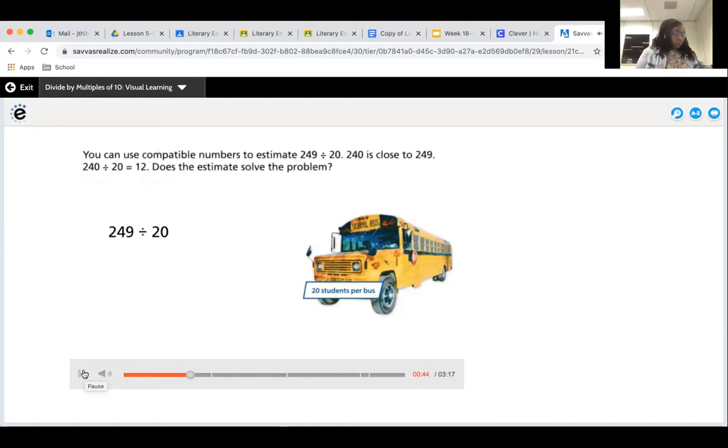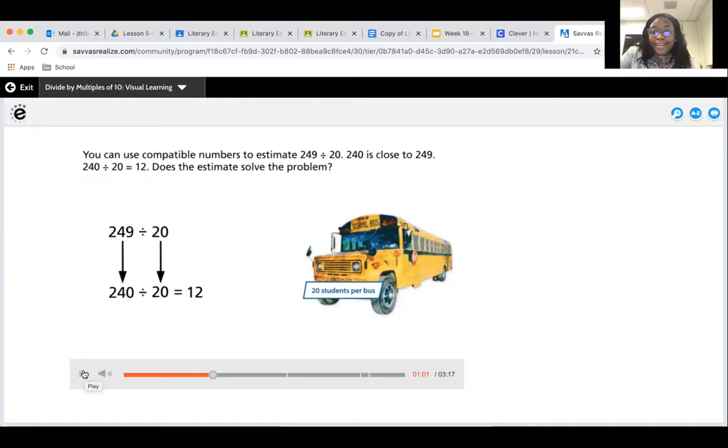You can use compatible numbers to estimate 249 divided by 20. 240 is close to 249. 240 divided by 20 equals 12. Does the estimate solve the problem? All right. So they're asking us, does the estimate solve the problem?